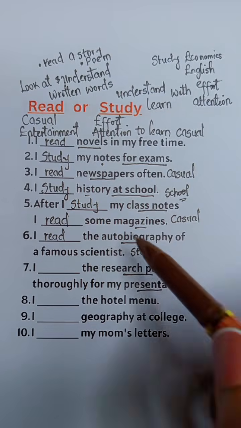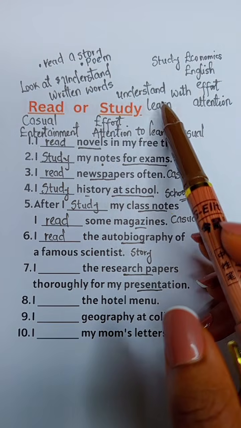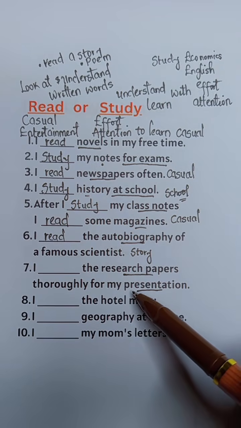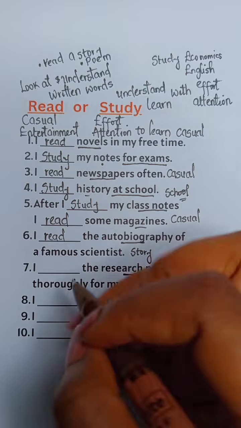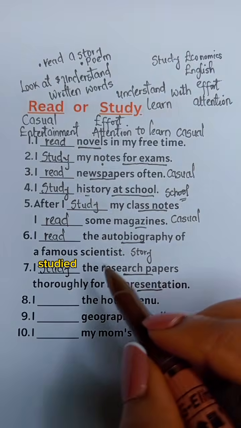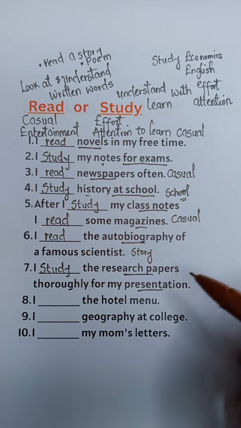Okay, so this is not just casual or entertainment. This is learning for a goal, and that goal is to make this presentation. Okay, so I study these research papers for this presentation.